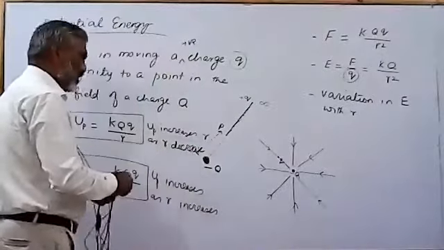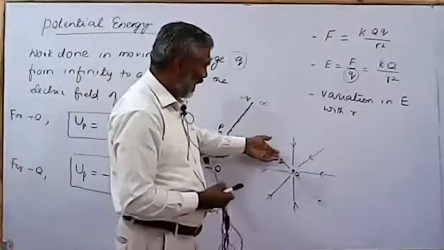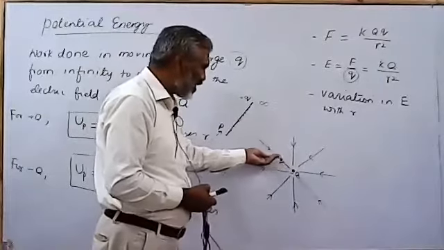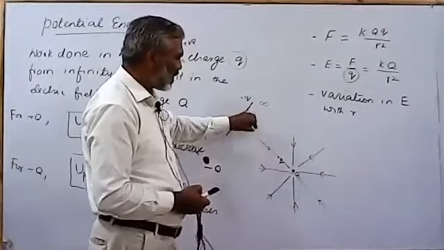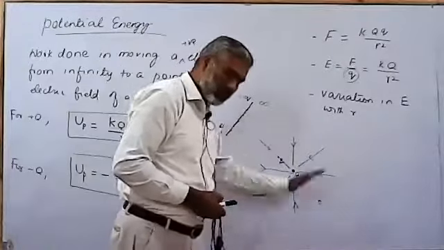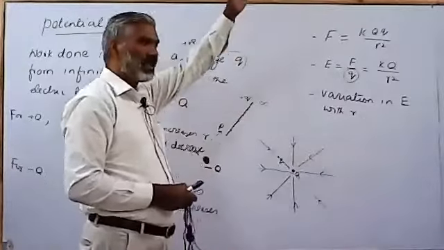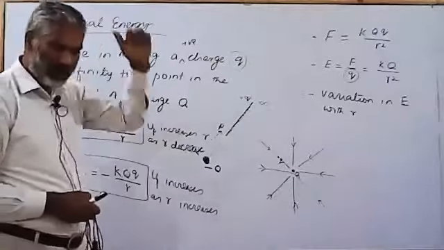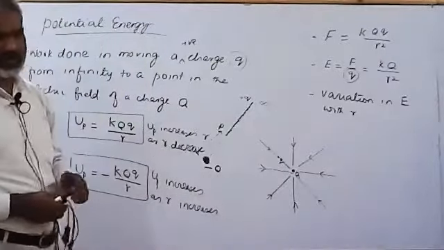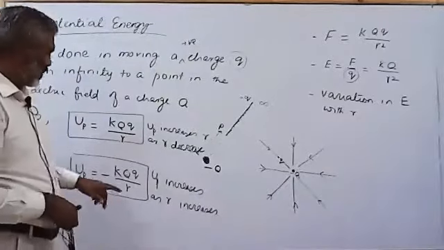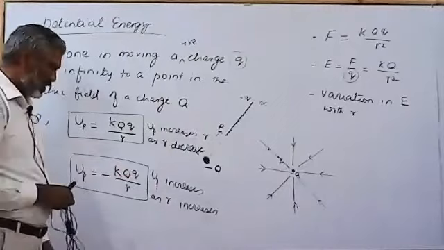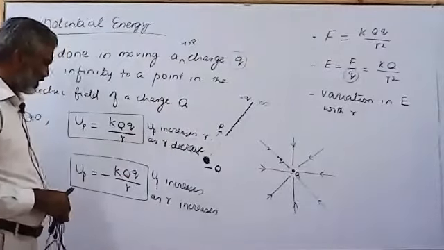That means if you have to increase its potential energy, you have to move it away from that charge, and wherever you leave it, it will move towards the charge. It is just like an object moving in the gravitational field with its height decreasing, and as a result, its potential energy decreasing. So this case is similar to what we discussed in the case of gravitation.